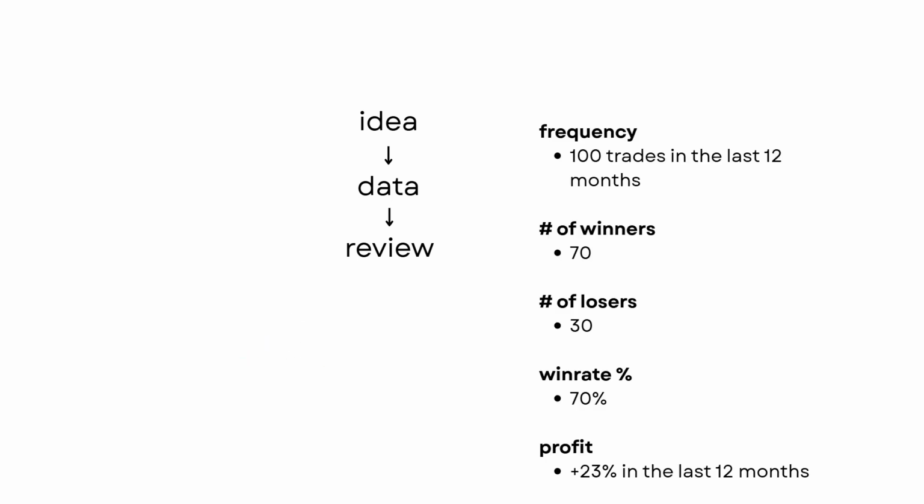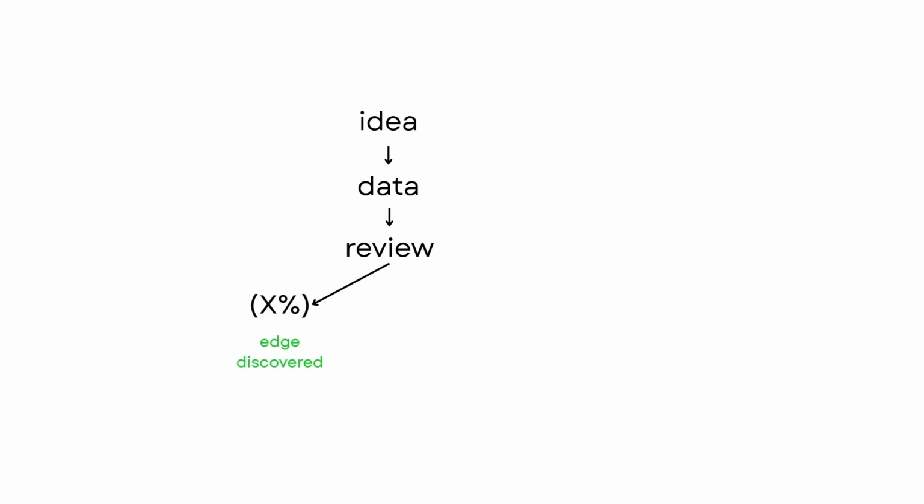Okay, so this is just a random example, but after you review your data, there are 2 main outcomes that can happen. Remember, this is very similar to the inputs and outputs. There's an X% chance that we actually discover an edge. So the idea that we tested actually has positive P&L, and there's something really, really interesting there that we can actually make more money on.